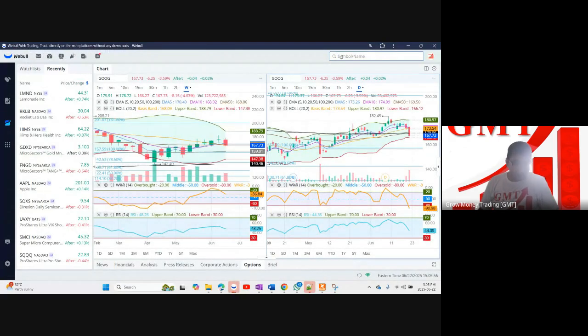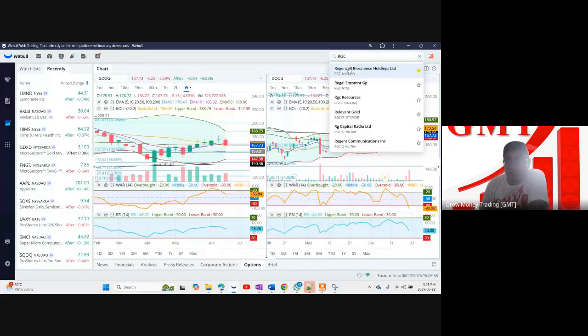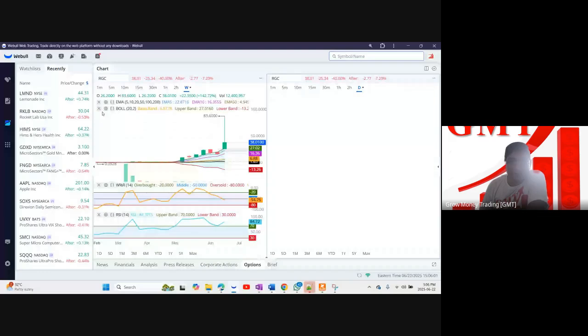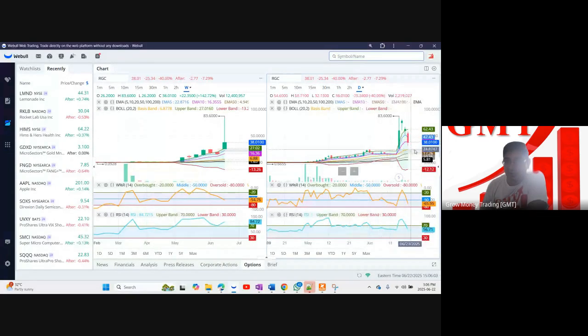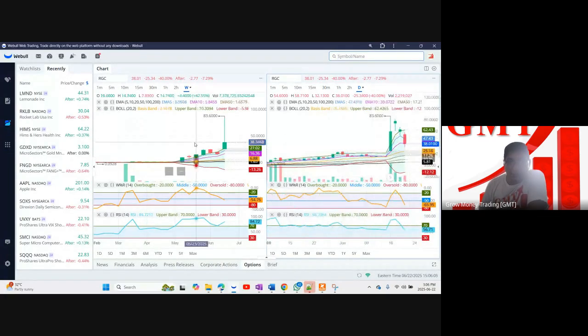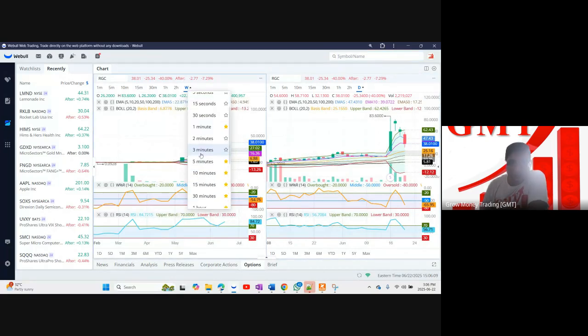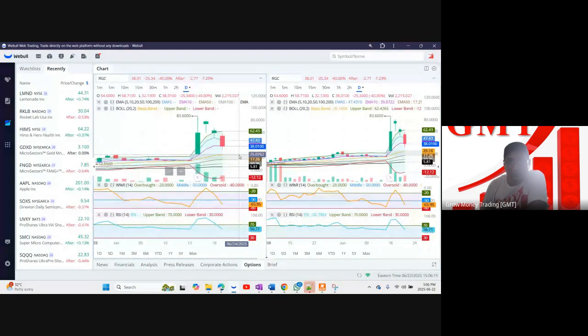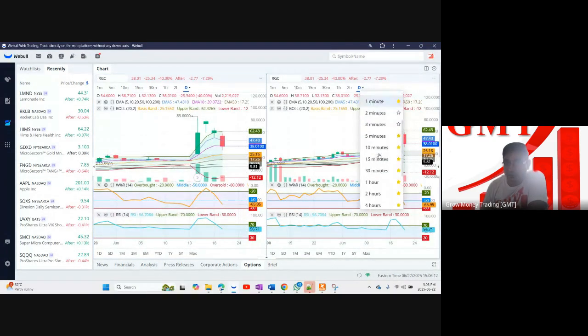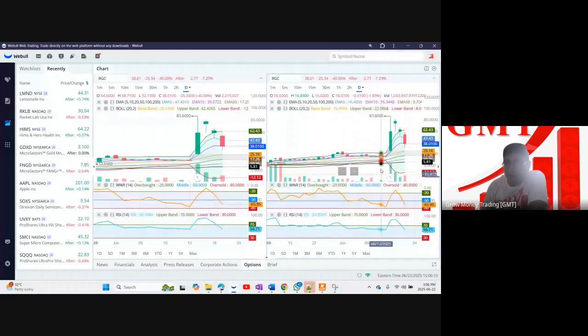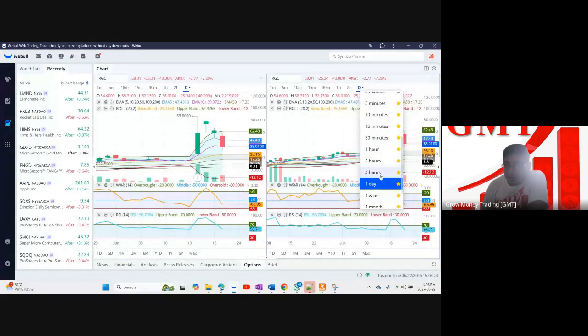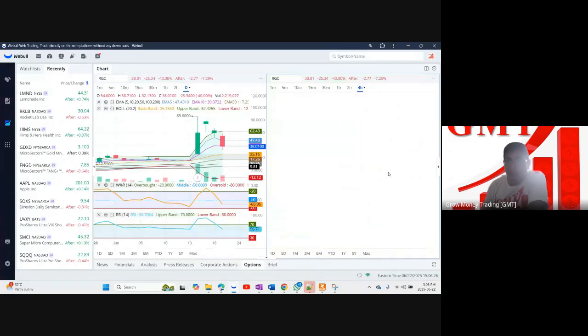All right, next we will take RGC, which has been quite speculative, and since it has had a stock split, it skyrocketed. We'll see on the daily chart, and then probably on a 4 hour or 2 hour chart rather than the weekly and daily.